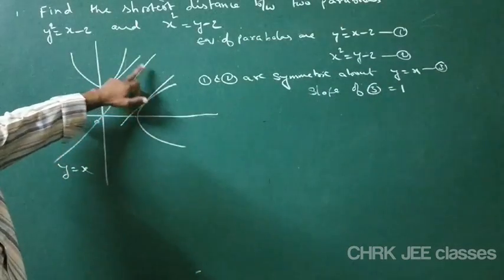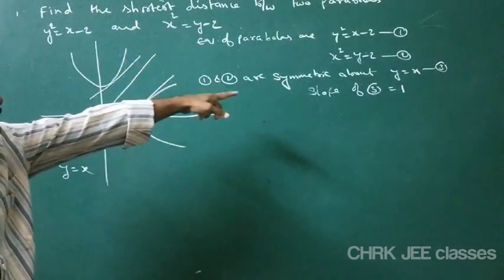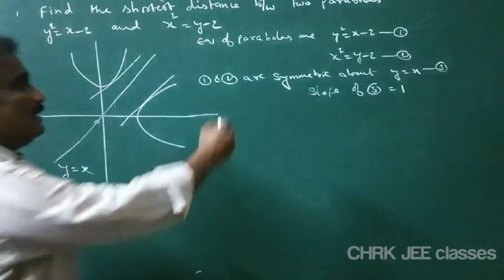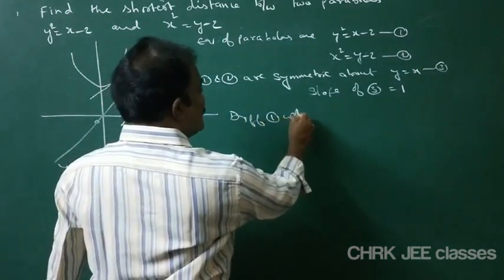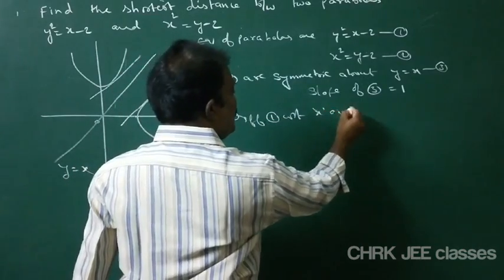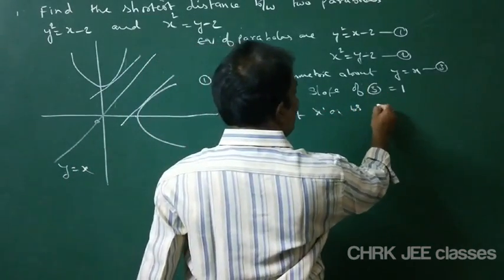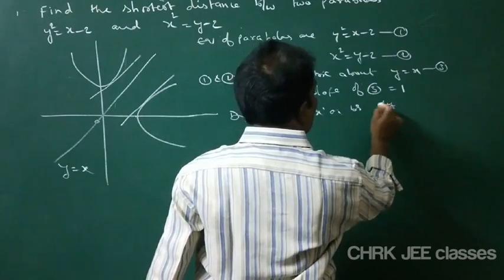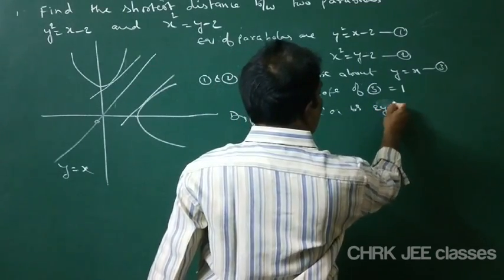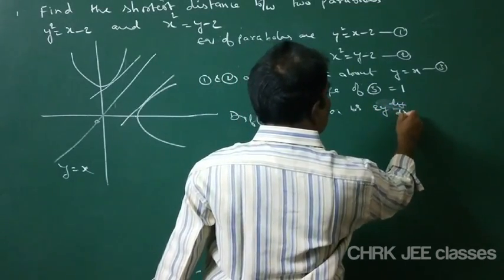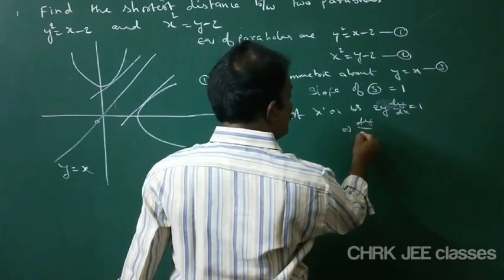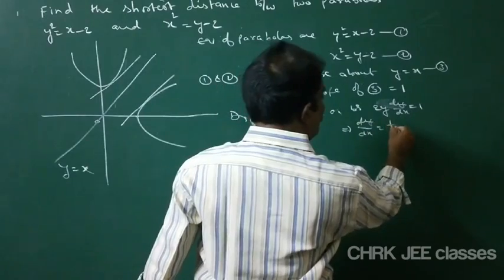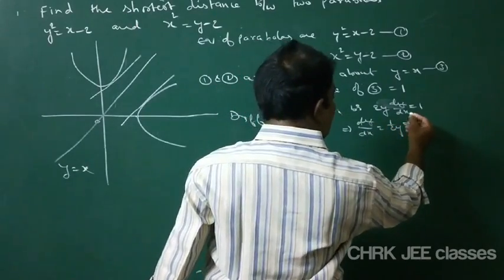Now these two tangents are parallel to this line 3. That's why differentiating 1 with respect to x on both sides, we get 2y into dy by dx equal to 1. From this, dy by dx equal to 1 by 2y, that is equal to 1.